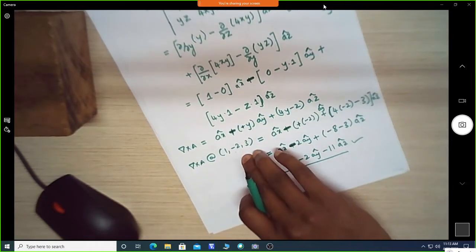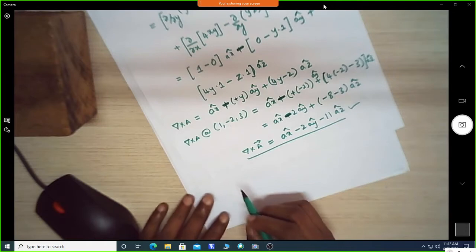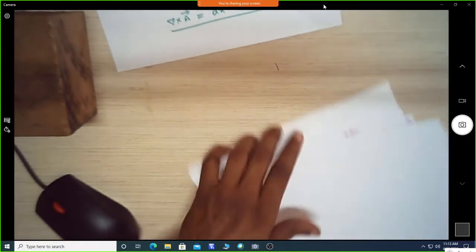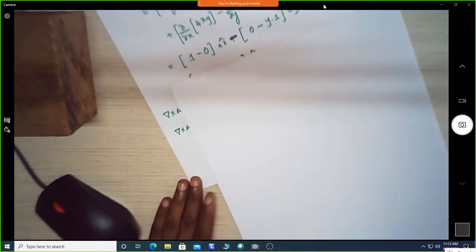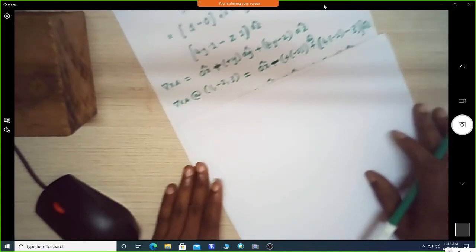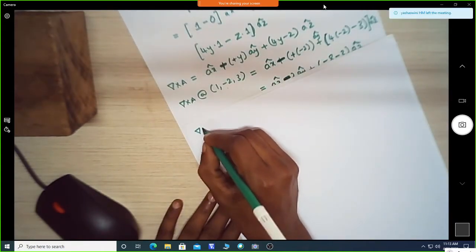So now try to find the cylindrical components. In cylindrical coordinates, for the given vector, what is del cross B?